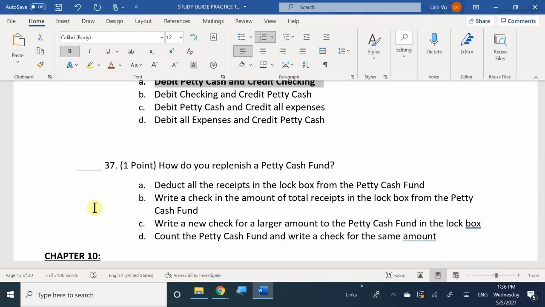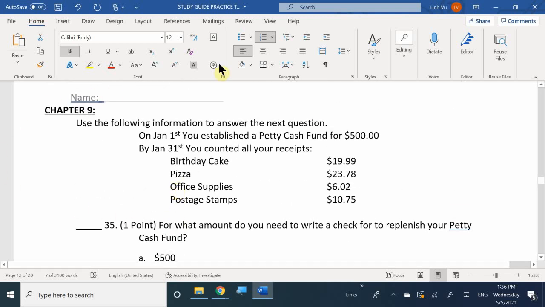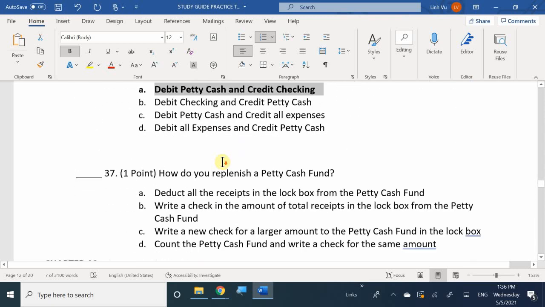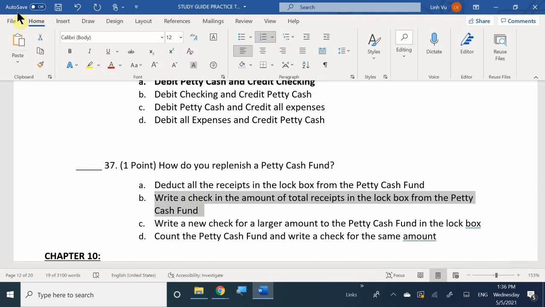Yes, so as I mentioned from the previous question above, what you're most likely going to see is something similar to question number 35. I will give you an example of a petty cash fund, and I'm going to ask you to replenish it. If you know how to just add up the receipts, that's an easy point that you can earn.